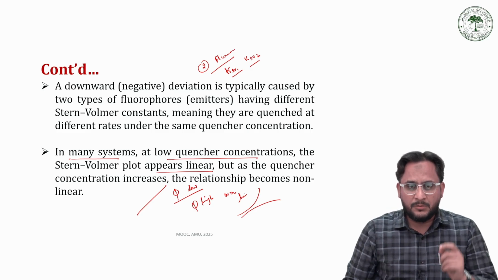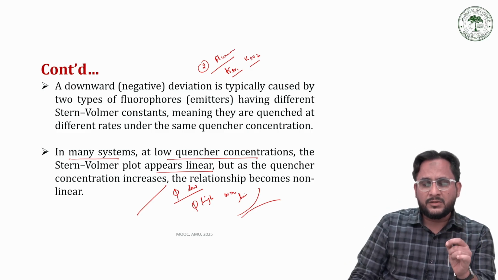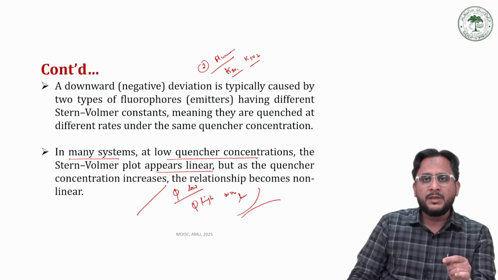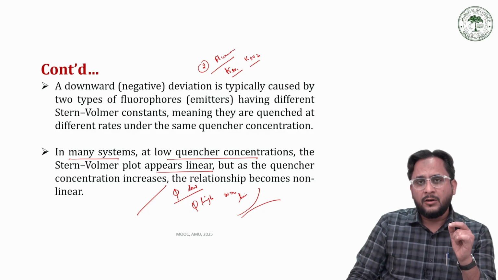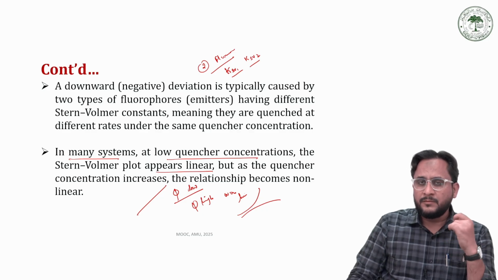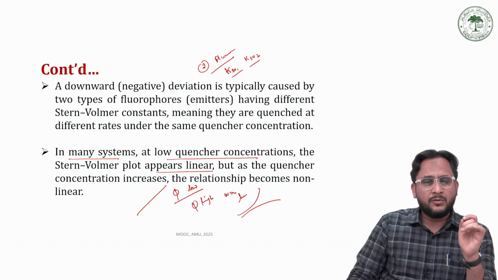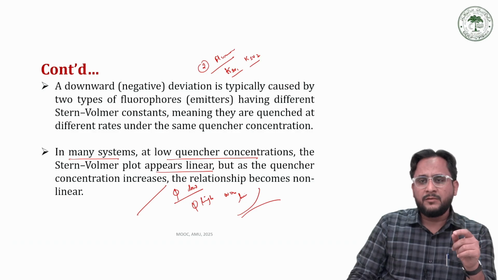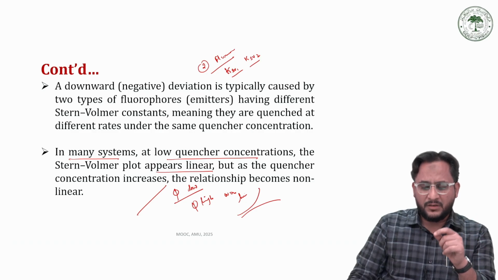Clear? So this is also an important point: if the quencher concentration is low, we have a linear Stern-Volmer relationship. On the other hand, if the quencher concentration is high, the linear relationship gets converted into a non-linear relationship, and we may have upward or downward deviation from the Stern-Volmer relationship.